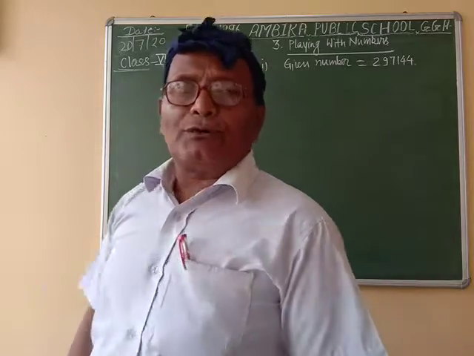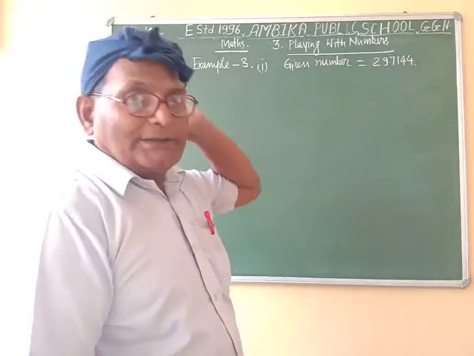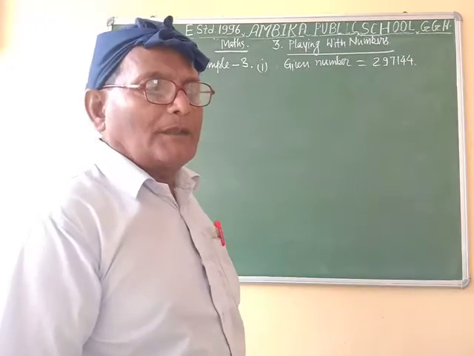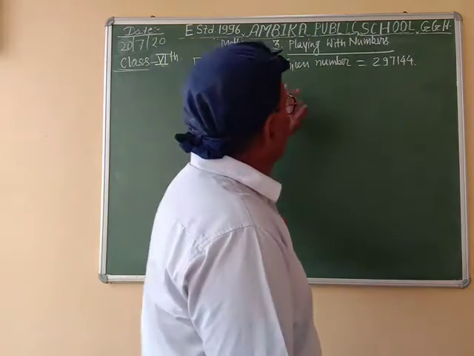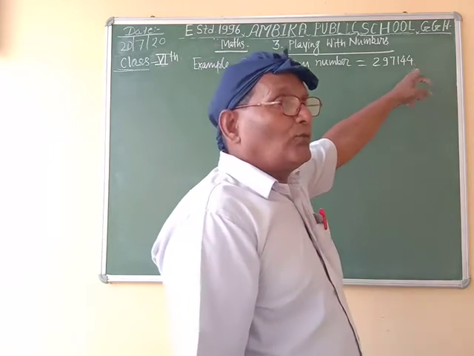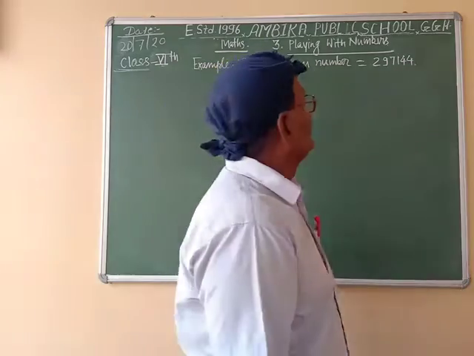We have to show that the given number is divisible by 6. So first of all, we see that the digit at ones place is 4, which is divisible by 2.